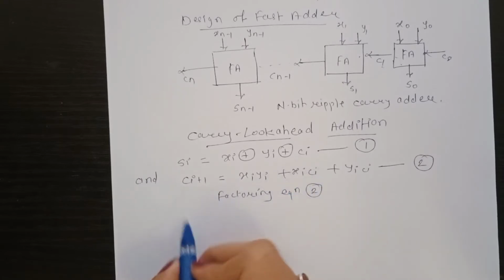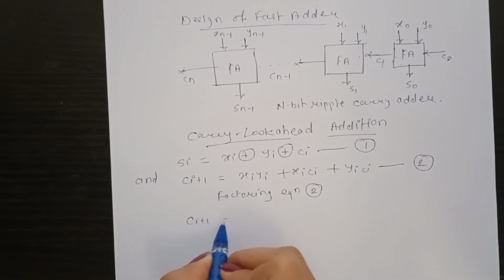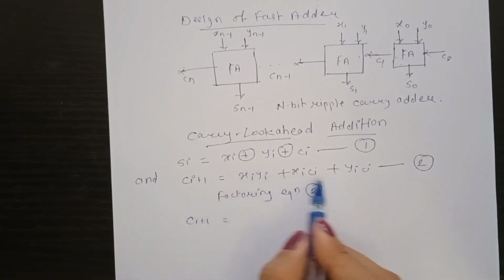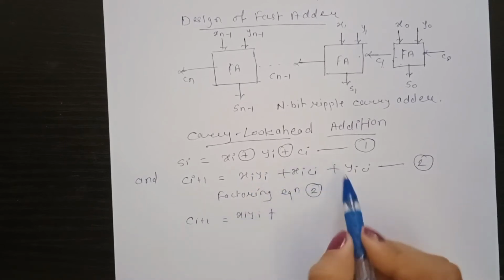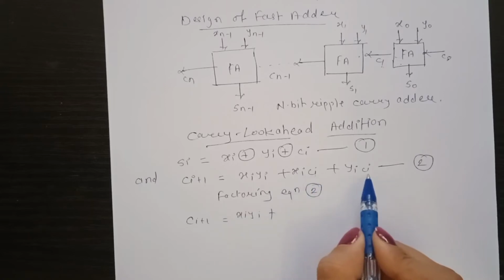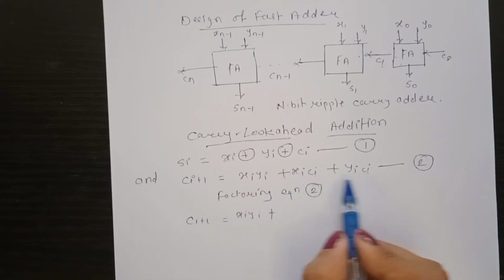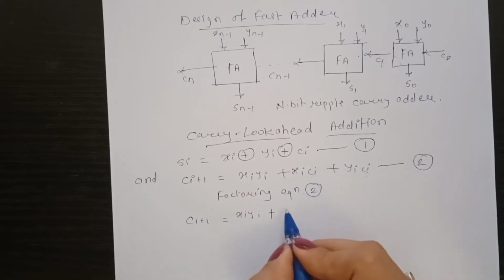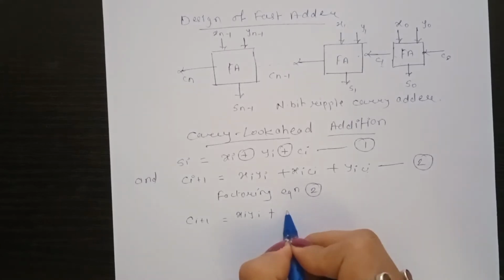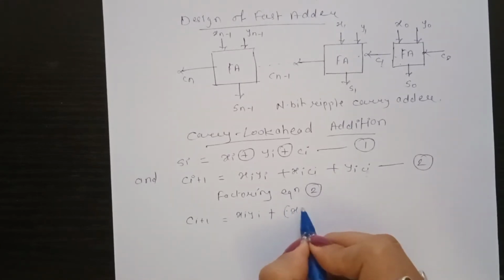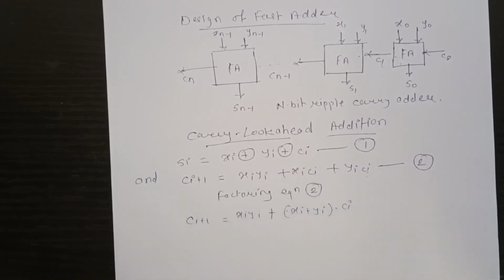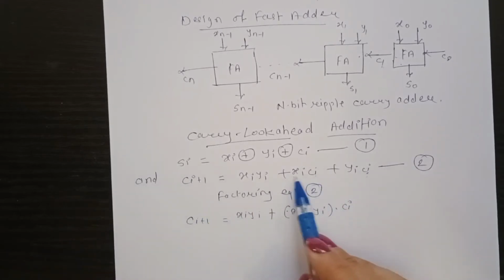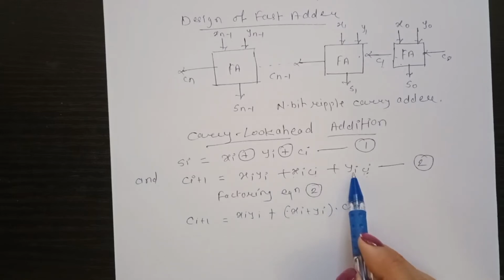We have to factor it. So Ci plus 1 is equal to what we can do here? Xi Yi as it is. Now from these terms Ci can be a common term. Okay. So we can write it as Xi plus Yi into Ci, because Ci is common in both the terms. Okay.